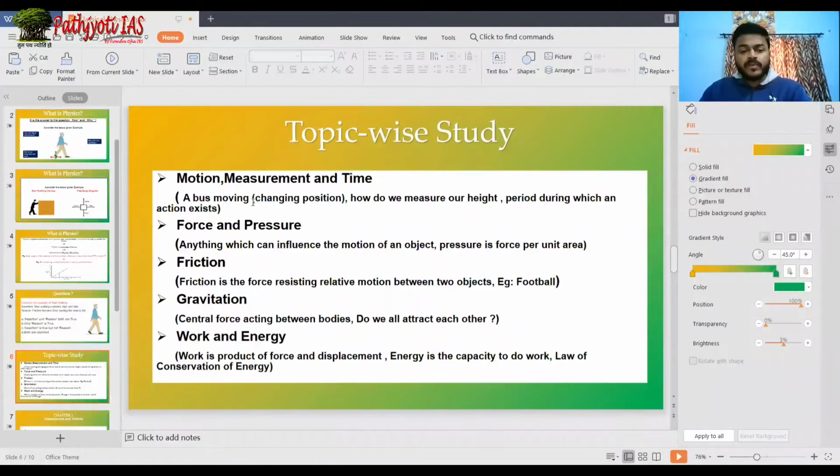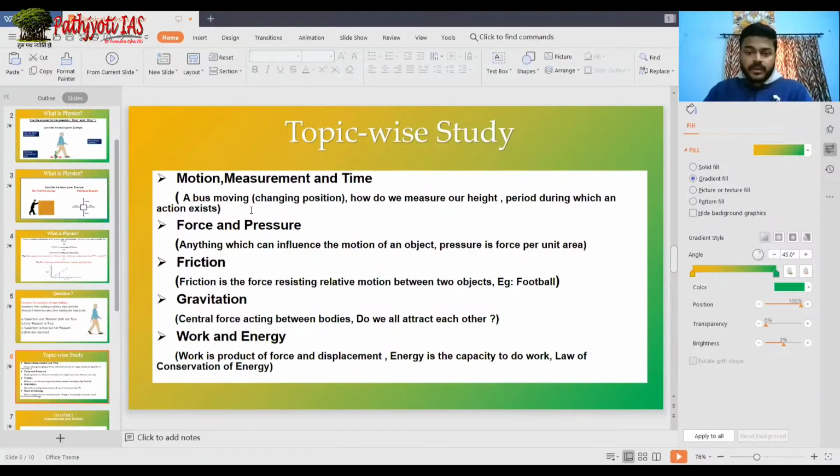How can a moving bus be called in motion? Let's not get into typical terms. For example, if I'm sitting here and the next moment I go to the other room, I am changing my position. That means I am in motion.